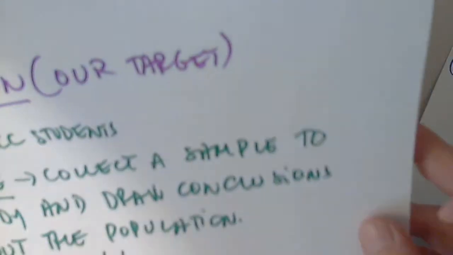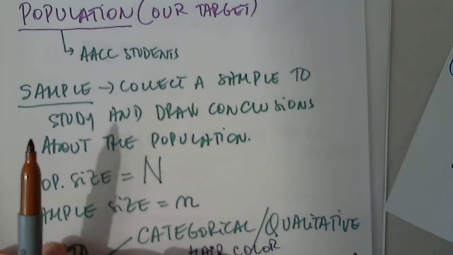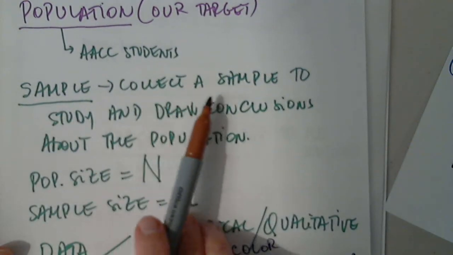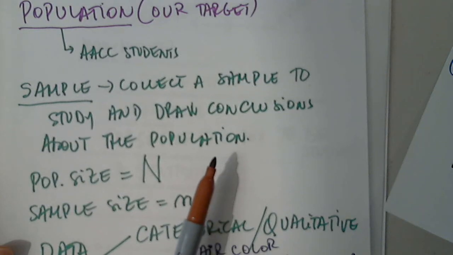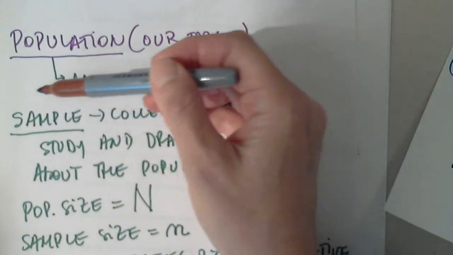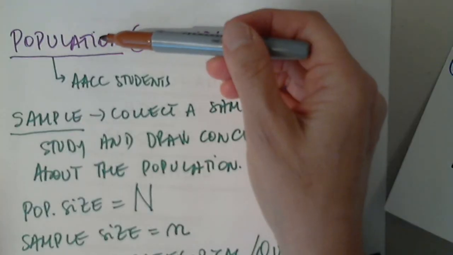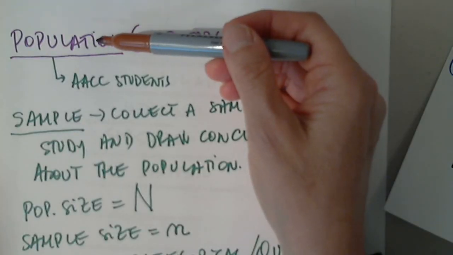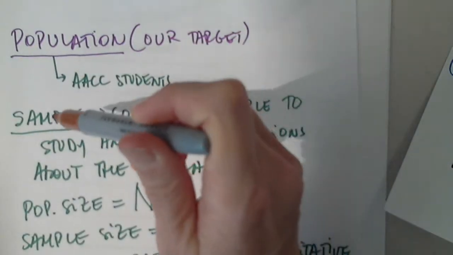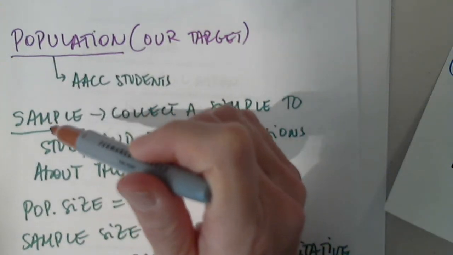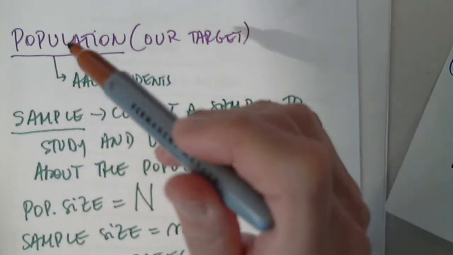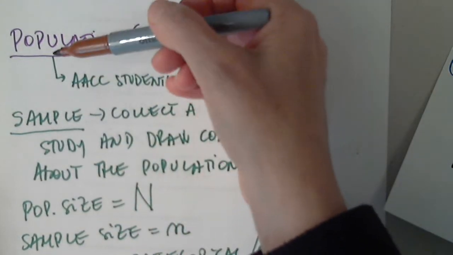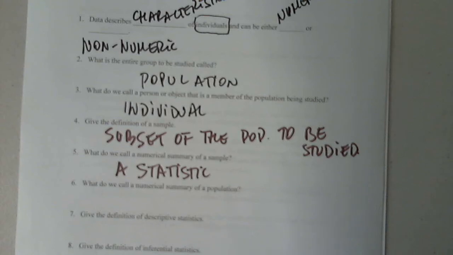So coming back for a moment, for a sample, we are collecting a sample to study and draw conclusions about the population. So we only have a small subset of the population. We are trying to make sure, first of all, that this is a representative, a good sample, representative of the population, because we want to make conclusions about the whole population.